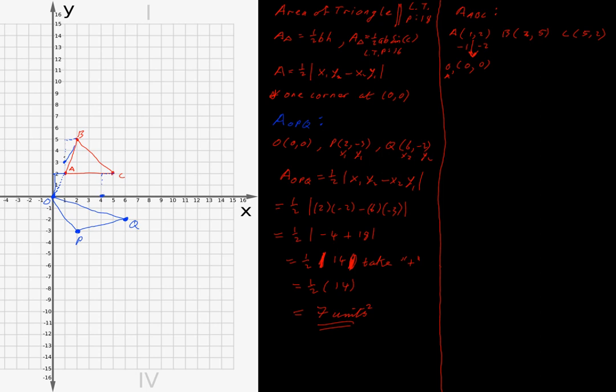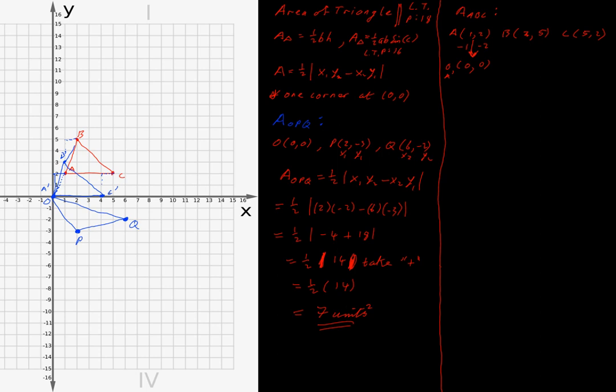So this is going to be the location of B's image, and C's image, and A's image, which is going to go to O. So I can see now I've got my new triangle in blue, and within the bounds of my ability to draw, you can see that it's exactly the same shape as my original red triangle.